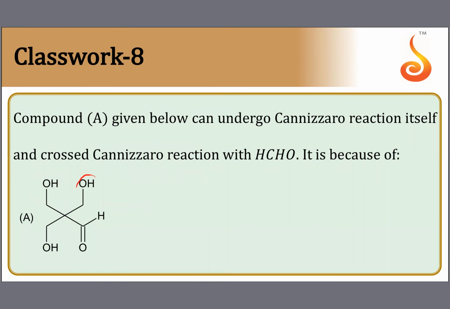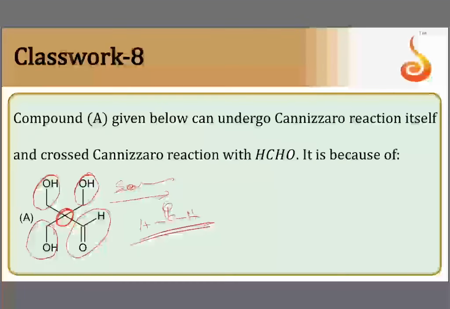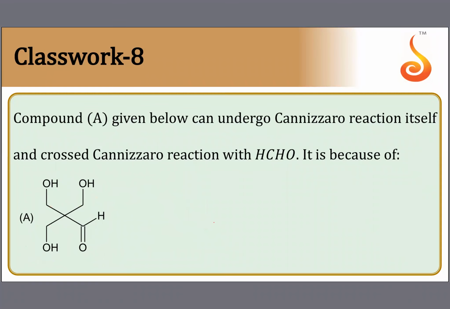Reason they are asking. It has 3 CH2OH groups, but don't get confused. It has one aldehyde group. But what is the question? Because of which reason does this molecule undergo the self-Cannizzaro reaction as well as the cross-Cannizzaro reaction with formaldehyde? That is due to lack of alpha hydrogen. Alpha hydrogen is also called enolizable hydrogen.